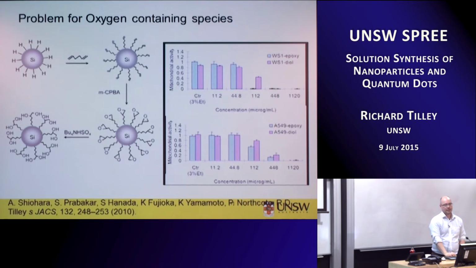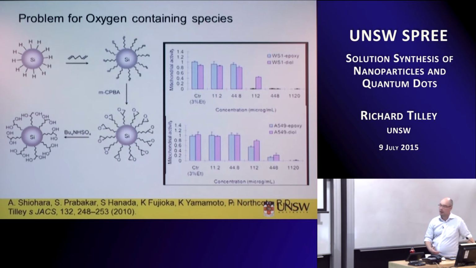There's always the question of toxicity for these materials, an ever-present question for nanomaterials. So again, this was quite an interesting platform to look at toxicity in terms of having different capping molecules and different surface functionalizations on particles.